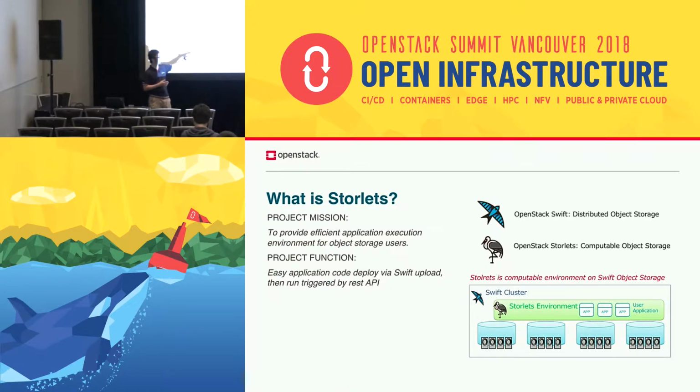Each server has a lot of hard disks, and it can be scaled out to the volume required by users. And then Storlets can prepare the application environment inside the servers.